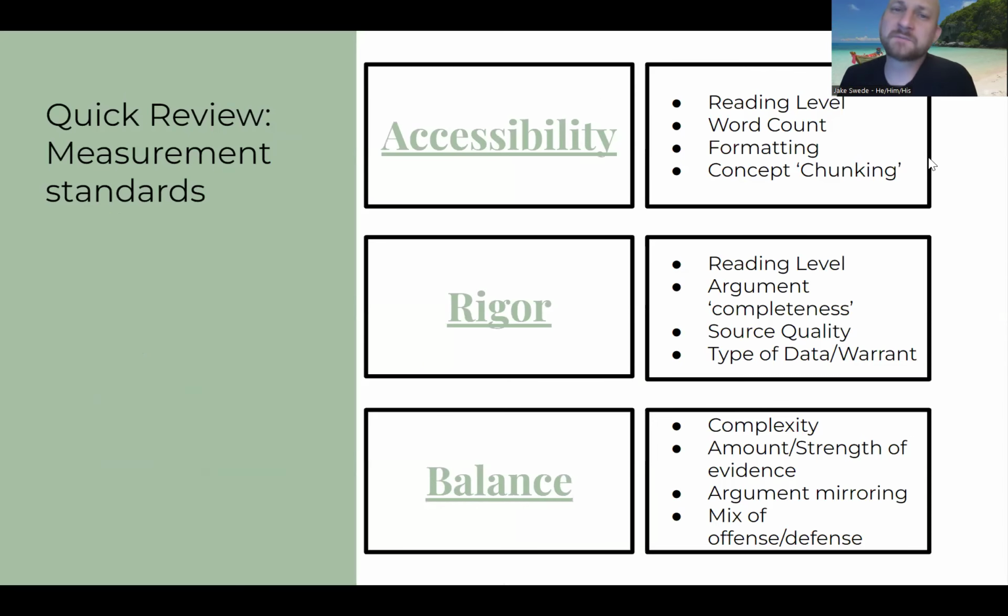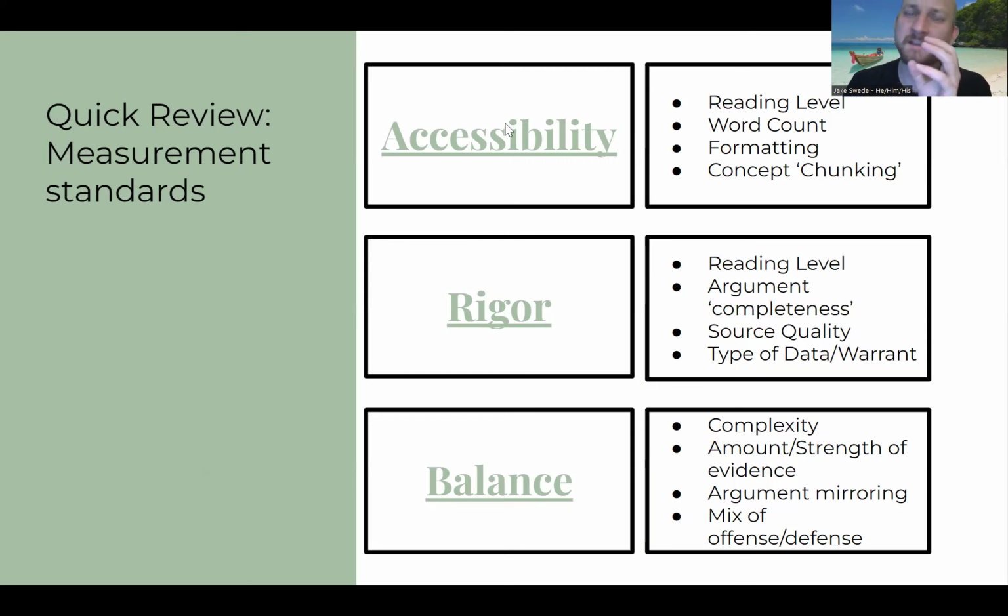So if you remember last time we talked about some quick measurement standards to know if we're doing a good job creating the evidence packet. So I want to go back to those real quick. Keep these in mind as you're going through and editing. These are sort of the guiding focus of what we're doing with the evidence packet itself, and the tools only exist to get these goals or these results in the cards, right?